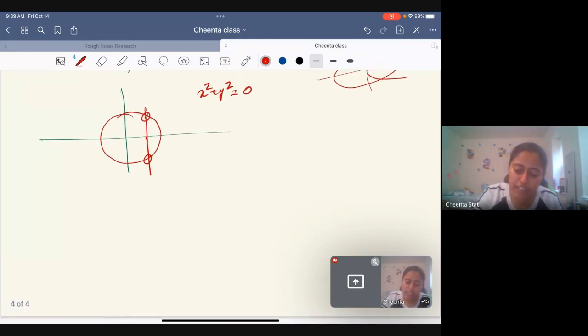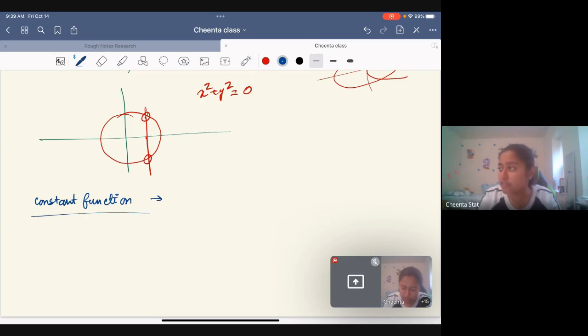So I will define a few types of functions, just terminology basically. There is something called the constant function. And what is that? If f is from real to real, and y equals f of x equals c, where c is a constant, c belongs to R, a real number and a constant.